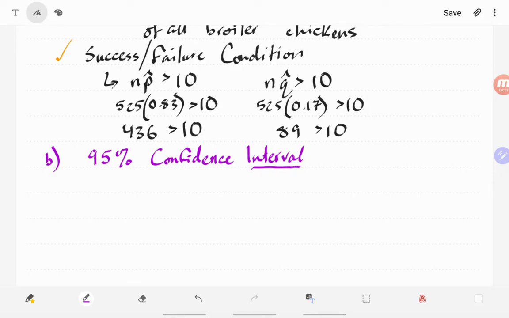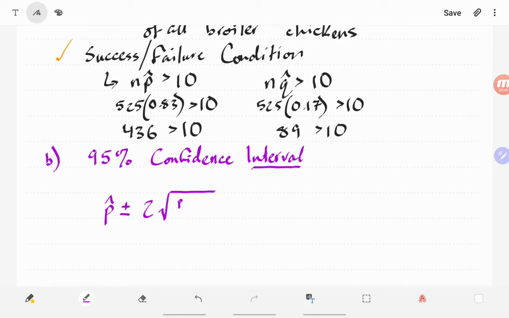So what we do with this for a 95% confidence interval is we take our proportion of successes and we add and subtract 2 times our margin of error, or our standard error, right?